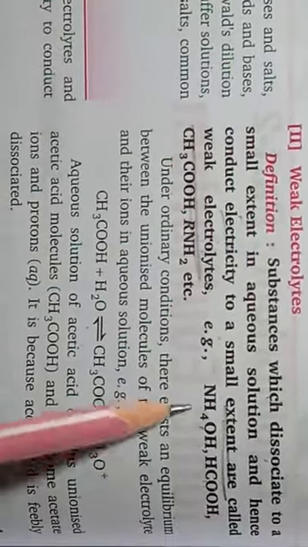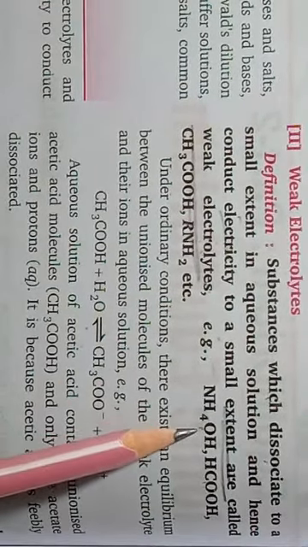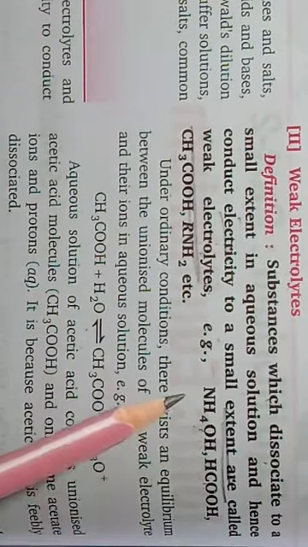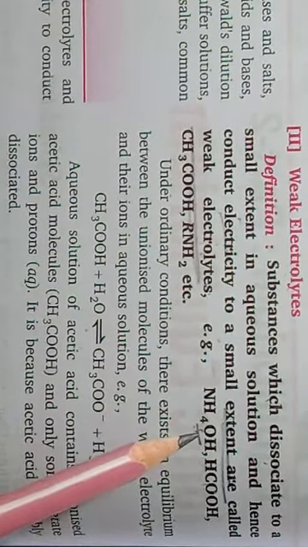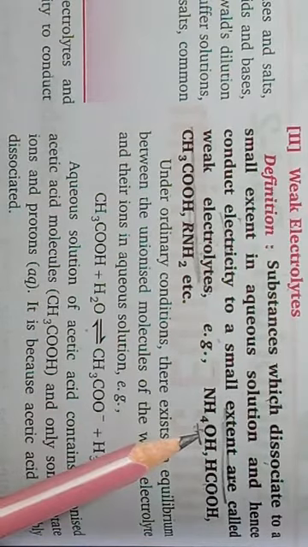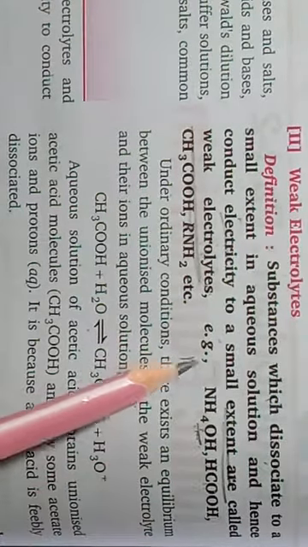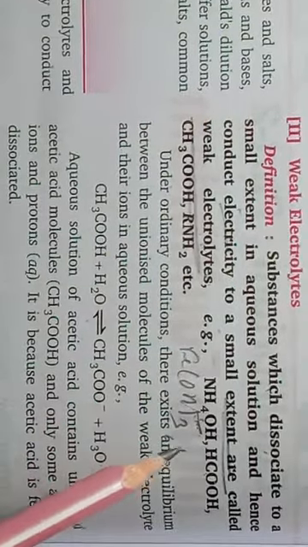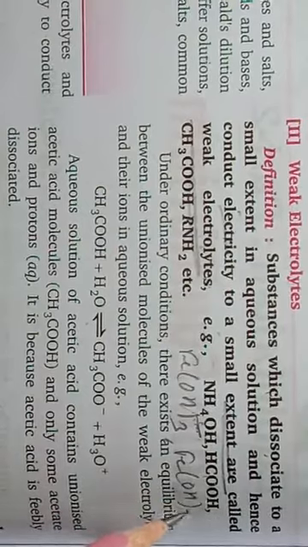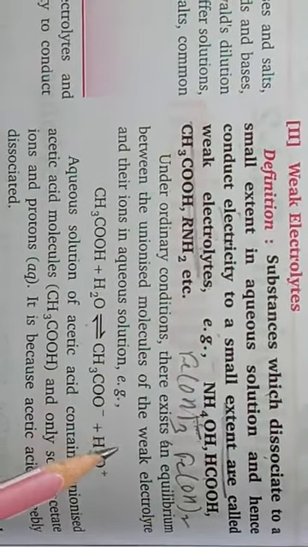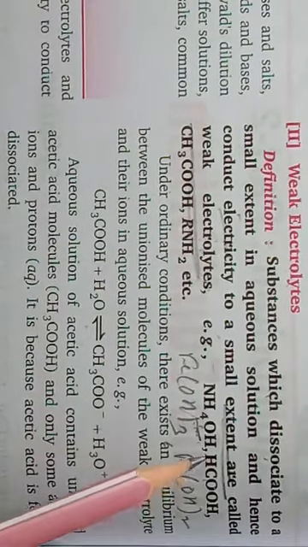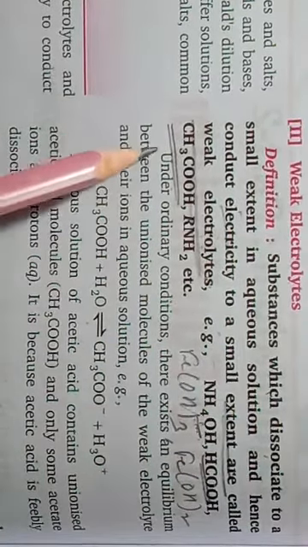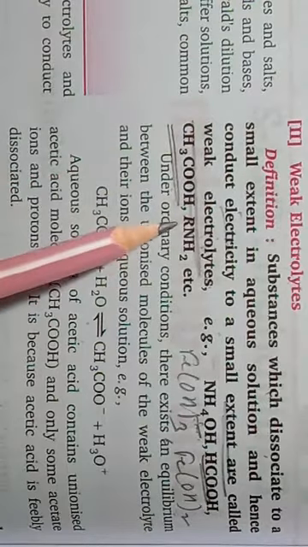For example, ammonium hydroxide, it is a base, and all such bases which have two or more hydroxide ions, for example ferric hydroxide, ferrous hydroxide, chromium hydroxide, etc. And all the organic acids like formic acid, acetic acid, butanoic acid, etc. Amines also.